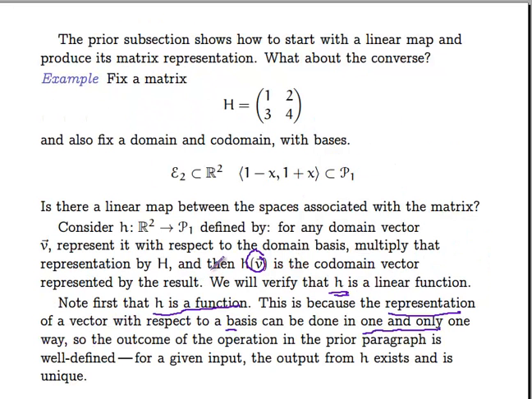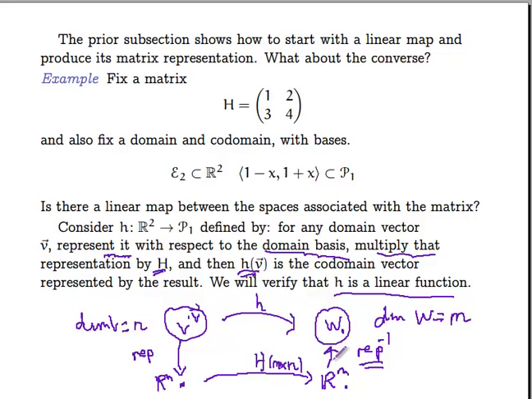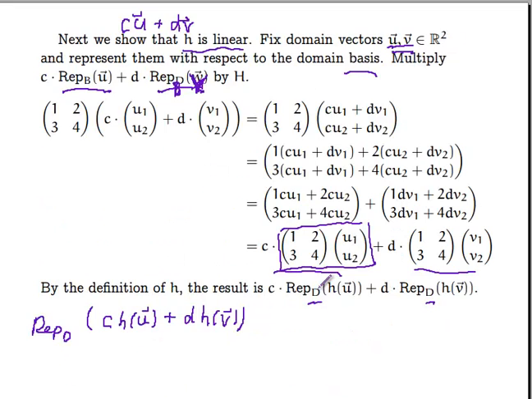Now, when you look back at this picture here, we found the representation down here. When we take the rep inverse, we remove this rep D, and that takes us back to CH of U plus DH of V. Okay.